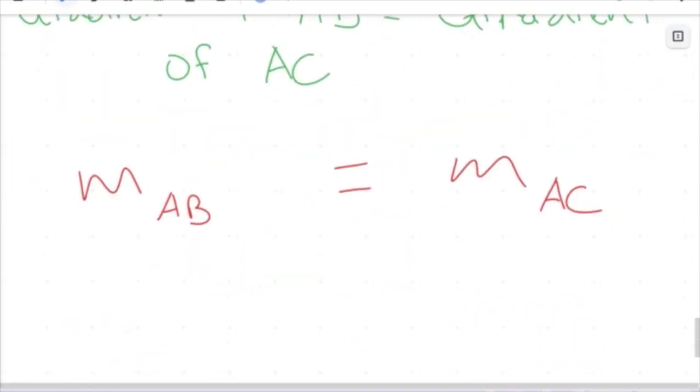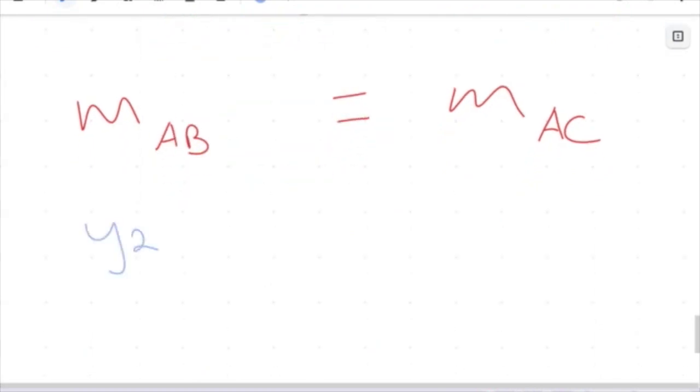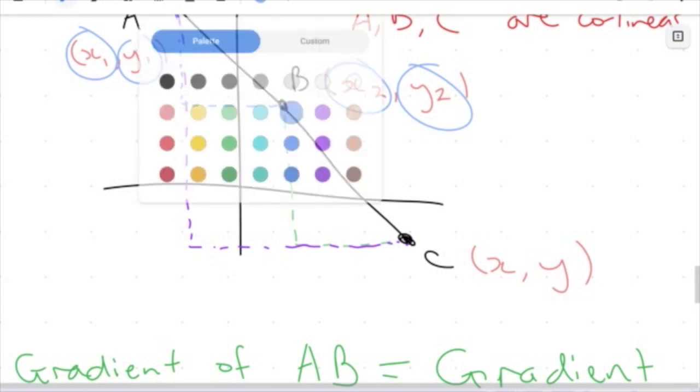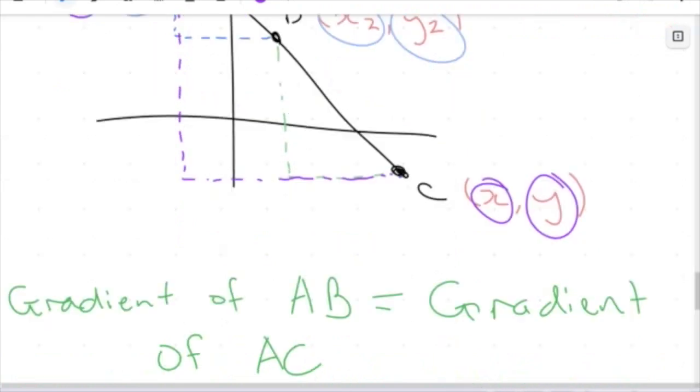That's an expression for the gradient. So y2 minus y1 over x2 minus x1 is equal to the gradient of AC. So that here would be my y, the difference between y and y1, over the difference between x and x1.